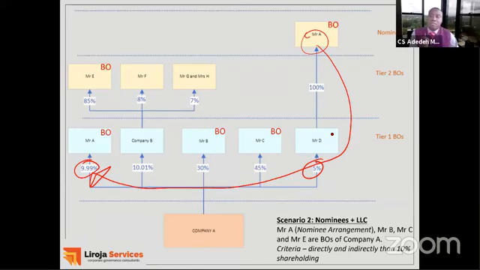Mr. A from BOF1 should have 9.99% direct and 5% indirect shareholding. So already you are starting to see how direct and indirect control, ownership or voting rights come into play. In this example, we've used the first and the second criteria to identify beneficial owners in this company.